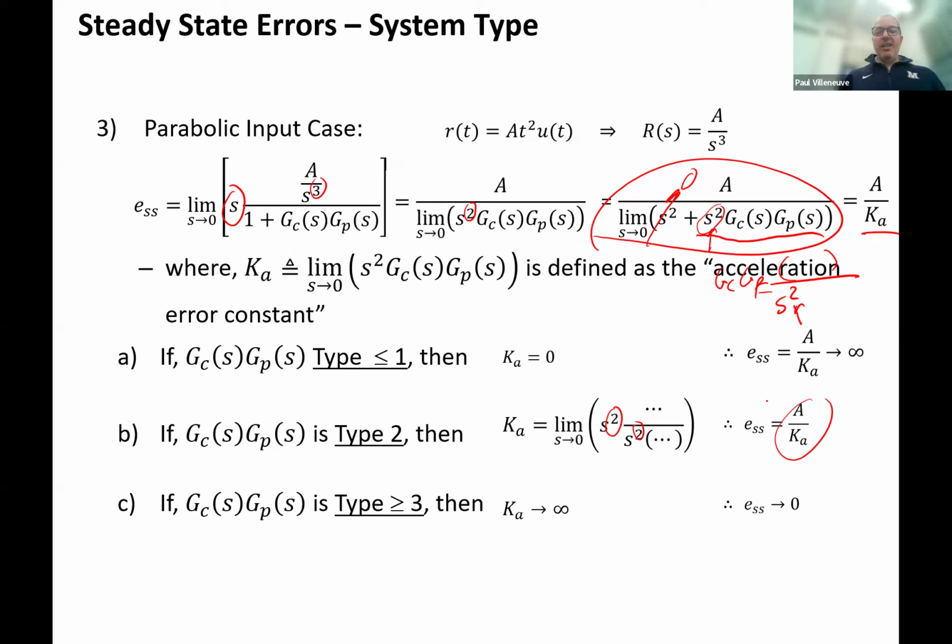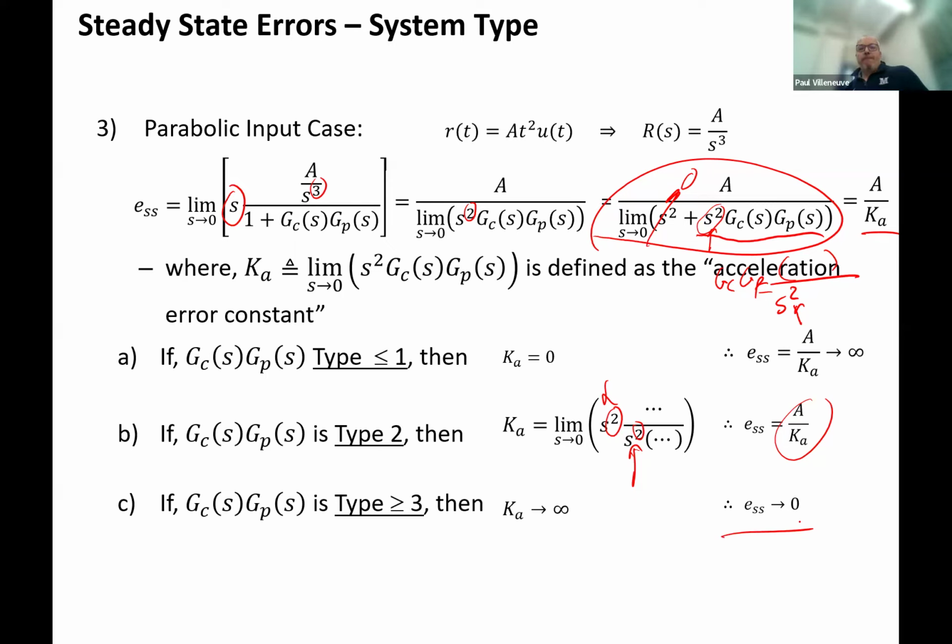If it's a type 3 system, you know that that S cubed or greater that is going to exist here is going to cancel out all of those. And then that means that as that S cubed or beyond term approaches infinity, or 0, I should say, K sub A is going to approach infinity. So my steady state error goes to 0.